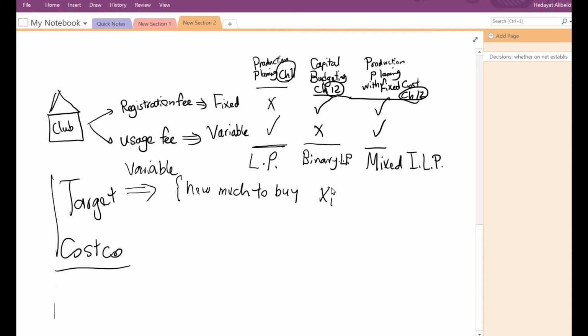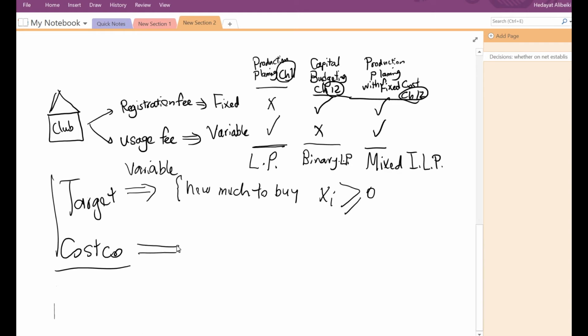Let's show it with xi, for example, where i is the type of product i and x is the amount that you want to buy. The only thing here is that it's going to be a continuous decision variable, and it just cannot take a negative number. That's it. But it can take any other number.